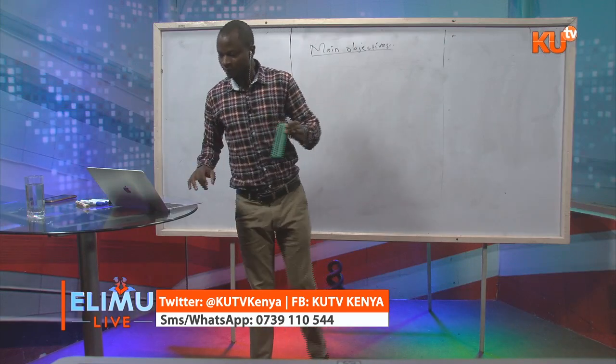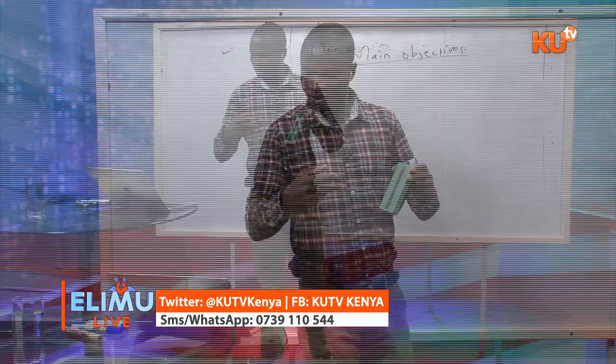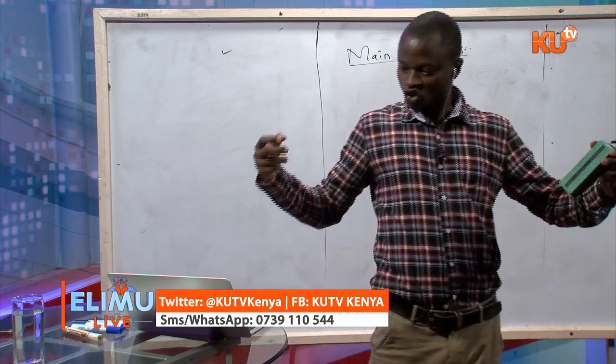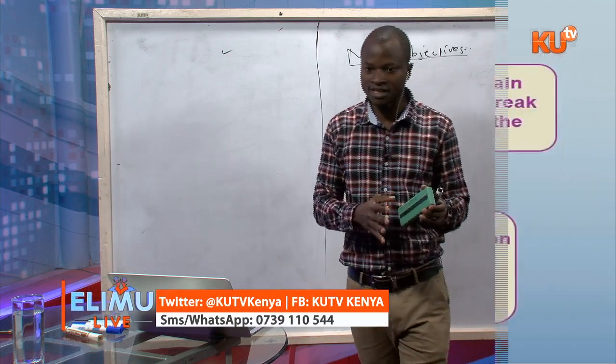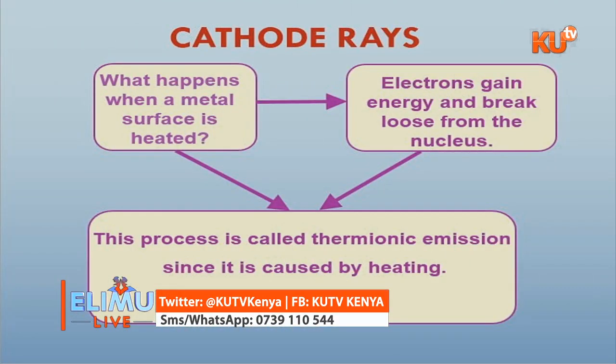Slide 3, my producer. Electrons will break loose from the nucleus. They'll gain what we call kinetic energy, so they'll start moving. Because of this movement that is caused by heating, we call this process thermionic emission.